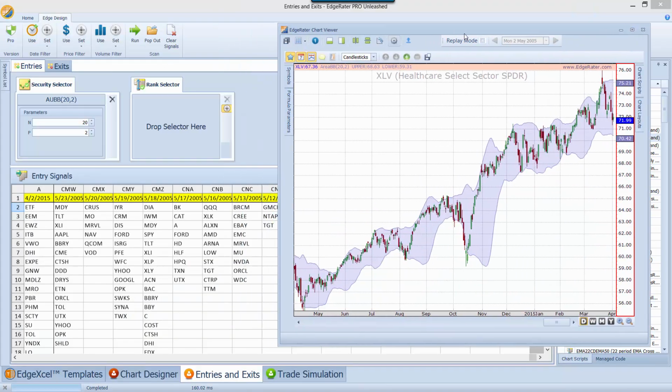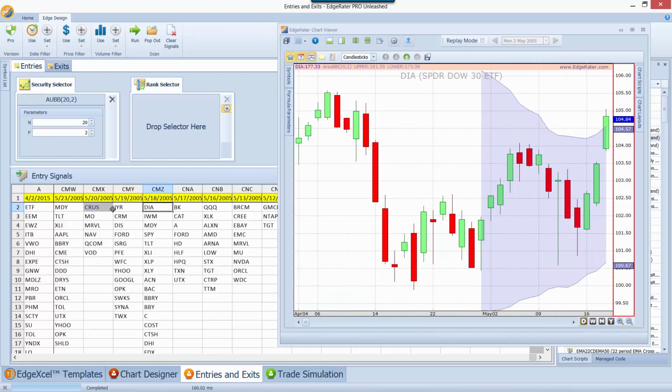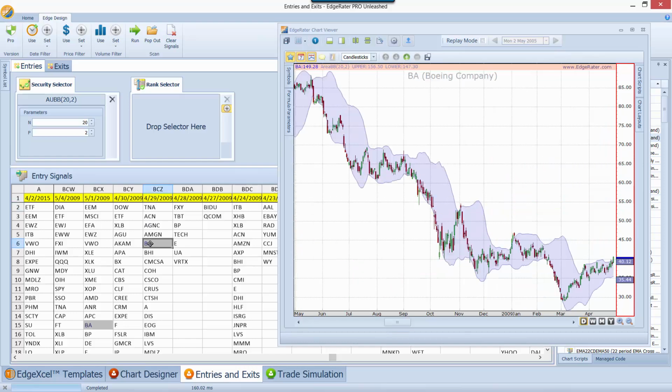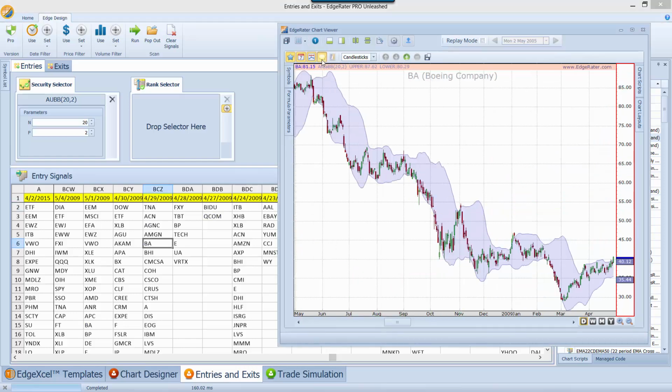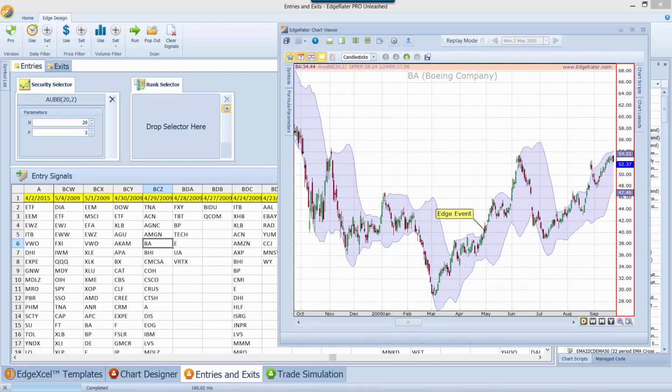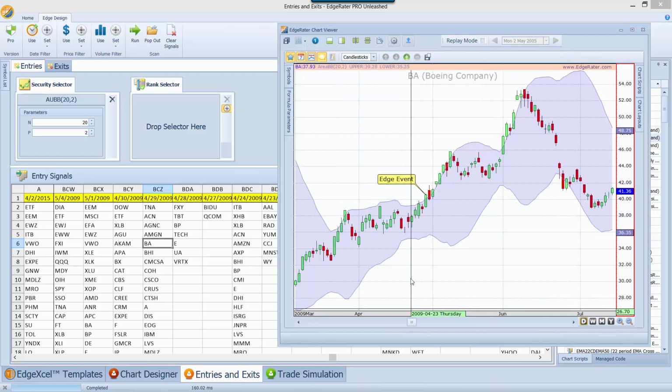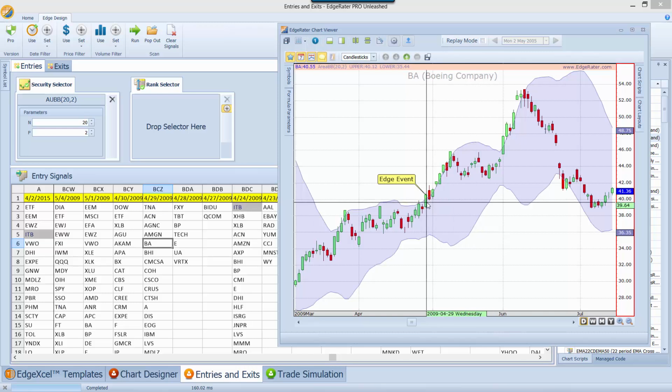Now, if I come over to my template, I'm going to position it somewhere in the middle of the data over here, and I'm going to turn on annotations. Okay. Now I'm looking at a chart that every one of these signals will show this exact behavior, where price has just crossed above this upper Bollinger Band.